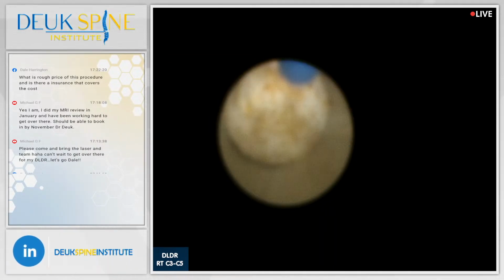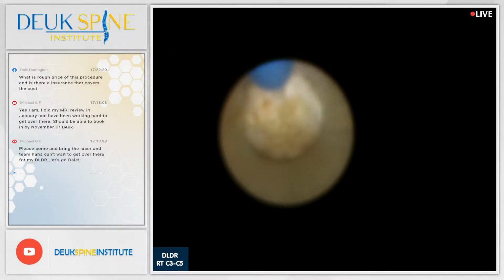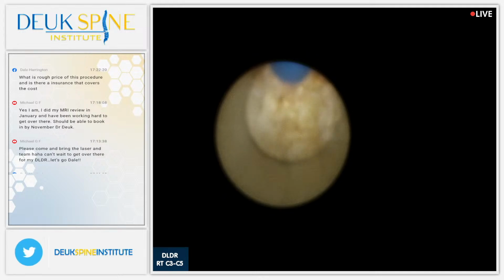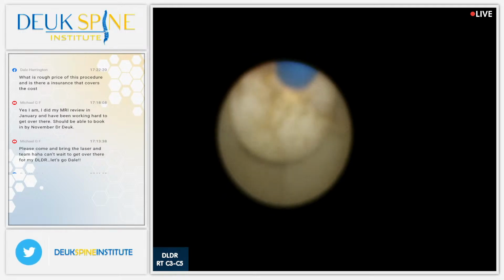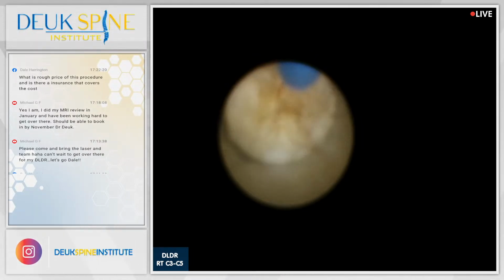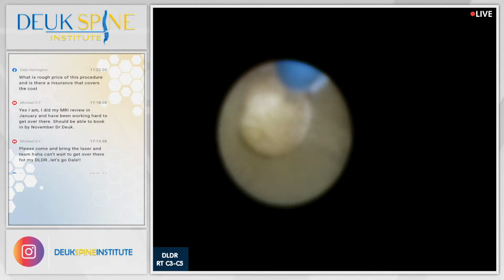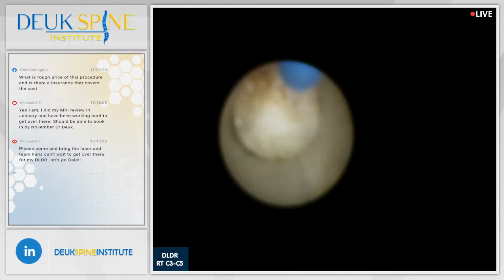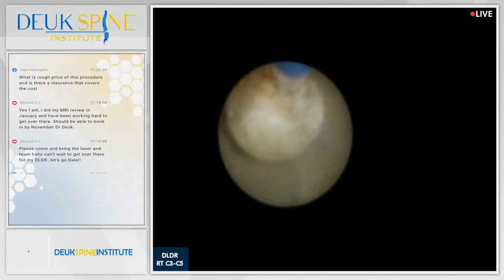This is incredibly scarred up here. It's just a giant ball of scar tissue from years of disc inflammation. So what we call this is debulking. Debulking means you're removing some of the bulk.